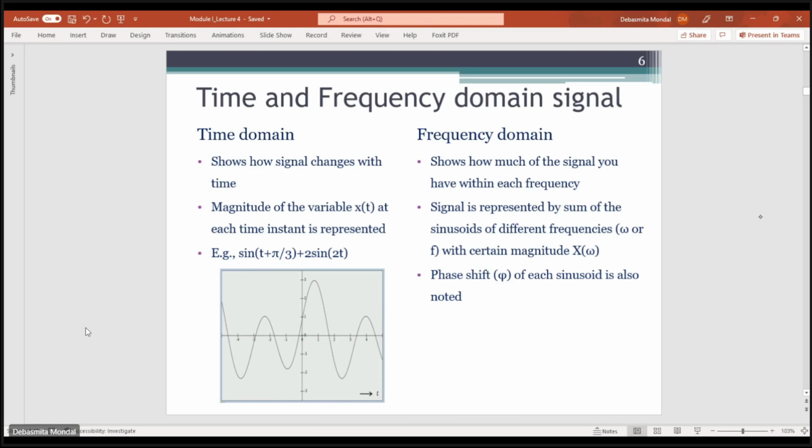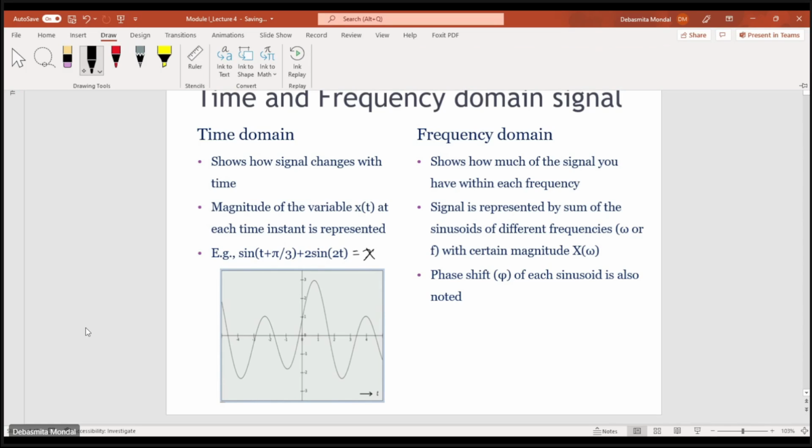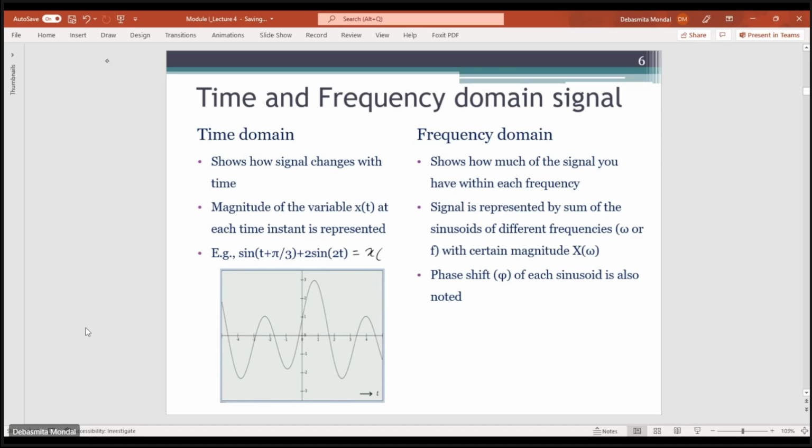Let us say that you have a function sin(t + pi/3) + 2 sin(2t). If you plot a graph for this sinusoidal function in the time domain, let us say this is x(t).